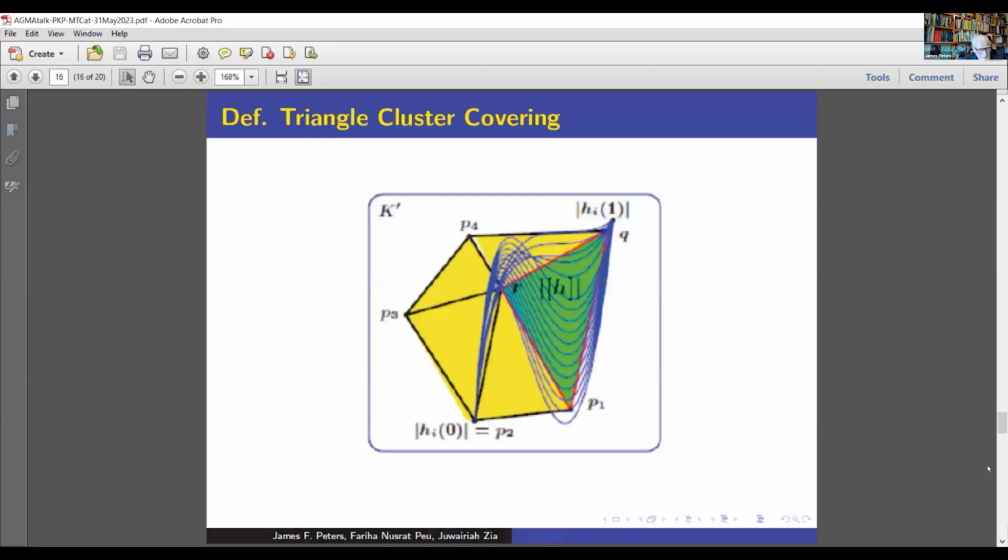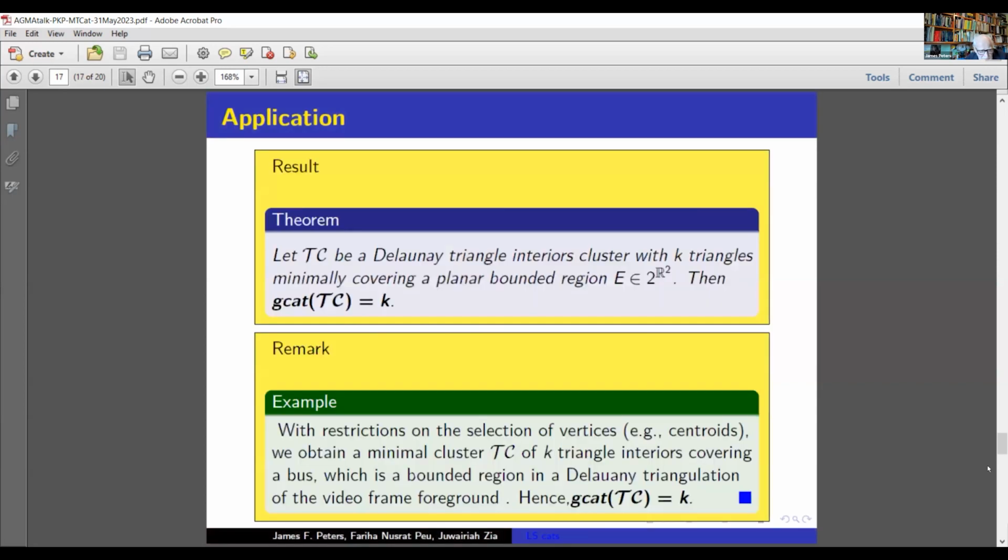And this is an example where you have a triangle cluster covering, as if you continue the maps from the vertices of the different triangles in the cluster. A cluster meaning that the triangles in the cluster have a common vertex.